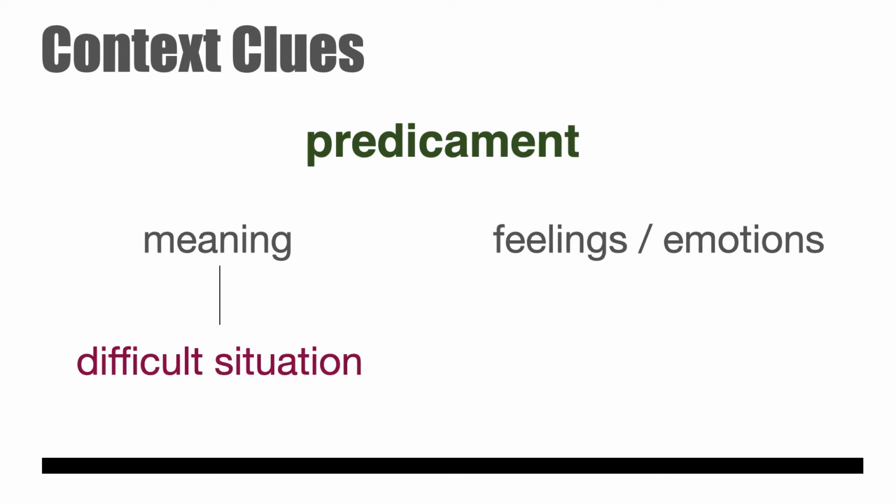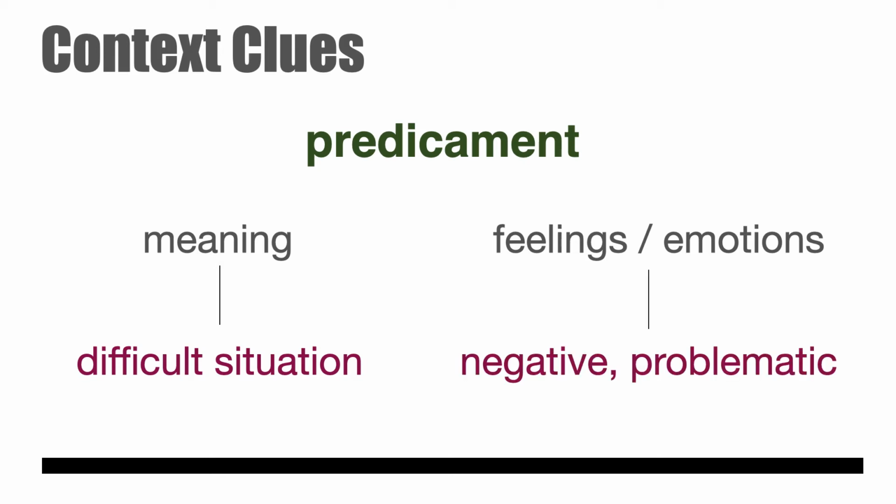The word predicament, for example, has a dictionary meaning of a difficult situation. Now, to say something is a difficult situation doesn't necessarily mean that it's a negative situation. But the word predicament has a feeling or emotion tied to it that a predicament is negative or problematic.